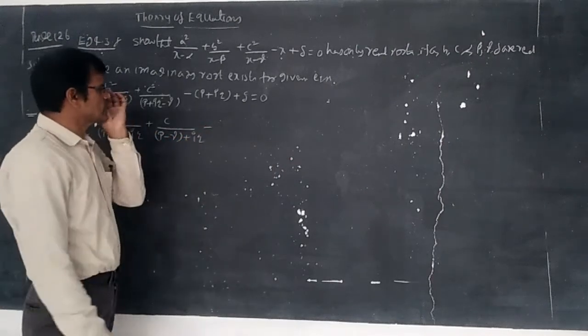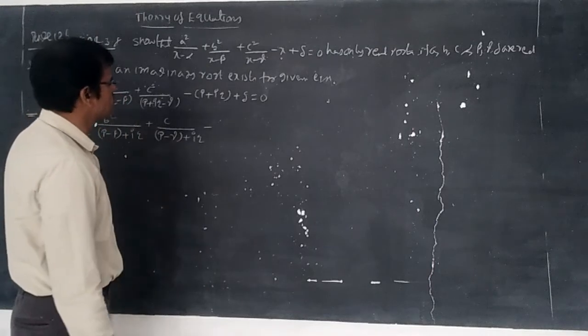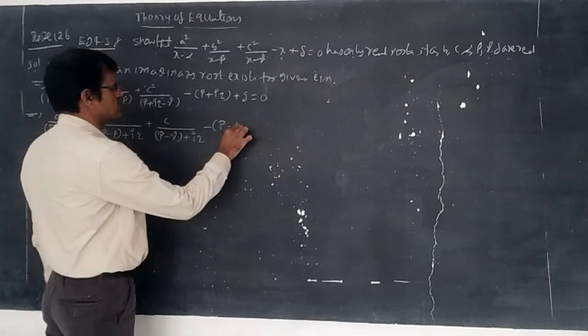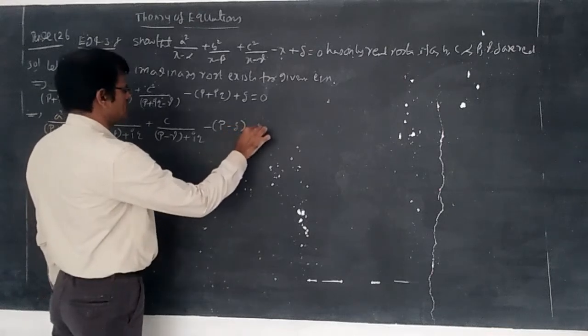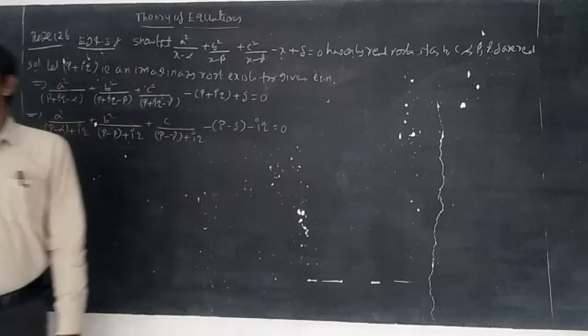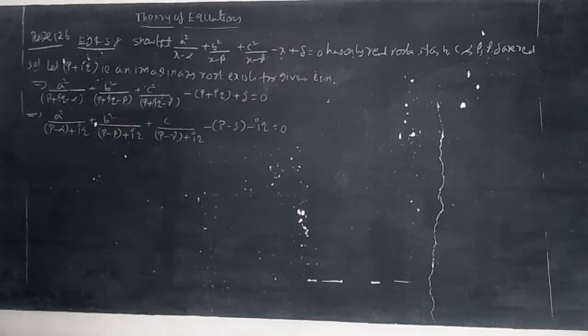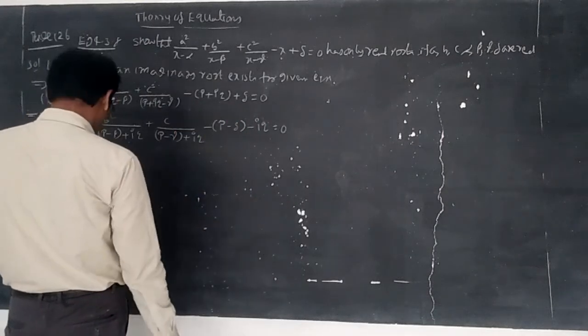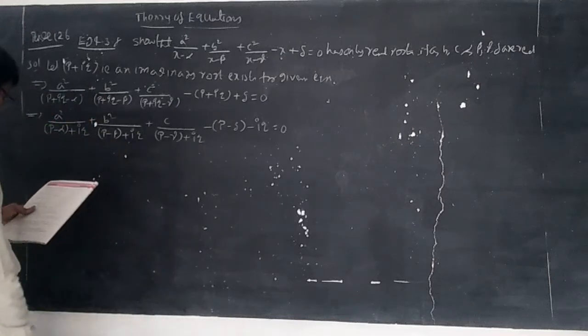This one we can also understand: minus p minus delta minus iq. So minus of p plus iq, we can write minus p minus iq plus delta. We can take common like this.